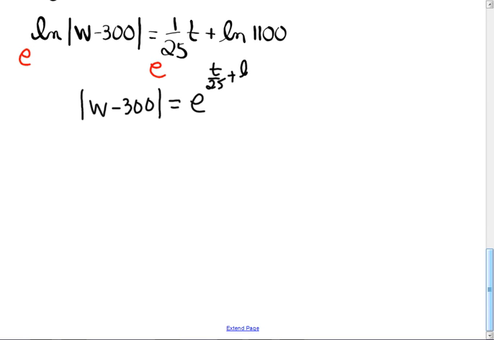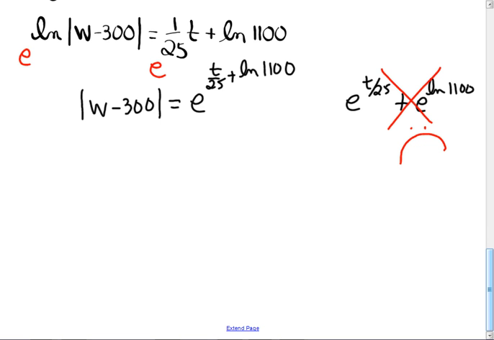Don't try to simplify it. That log of 1100 is in the exponent. I saw e to the t over 25 plus e to the log of 1100. It's multiplied. Oh yeah, but I saw it all the time.